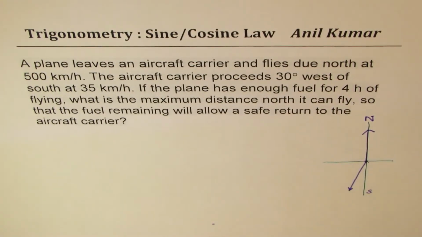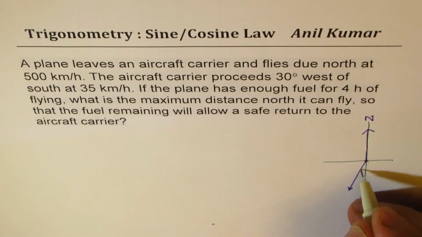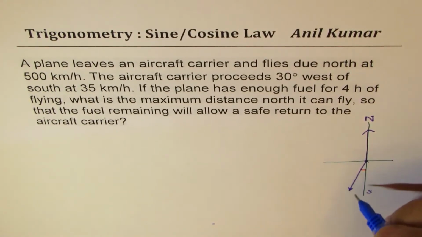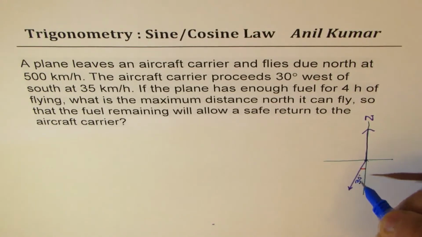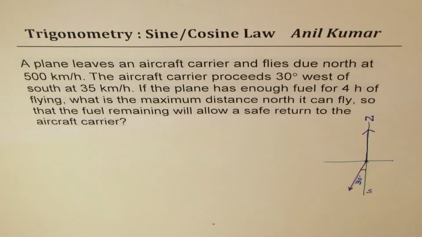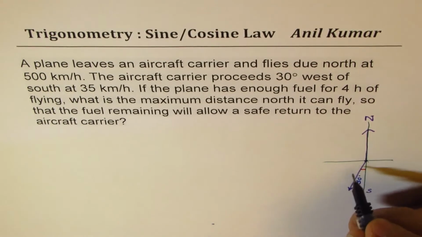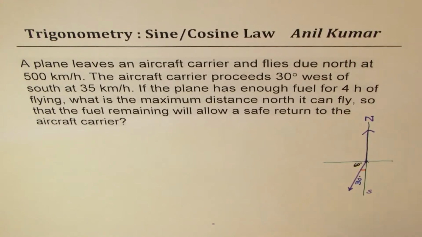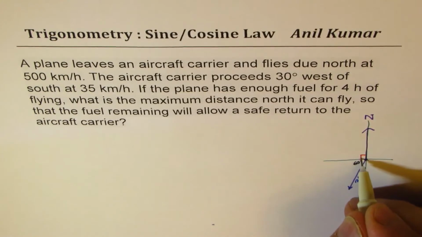The angle given to us, this angle, is 30 degrees. Of course this is 90 degrees, so that becomes 60 degrees. So we can say the angle here is 60 degrees, and this angle is 90 degrees, okay.